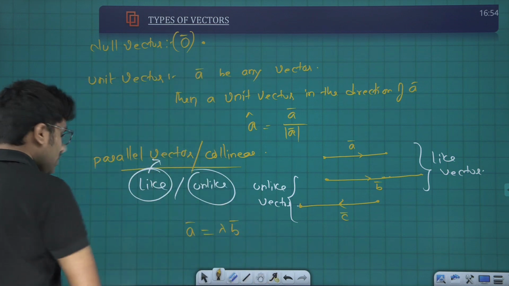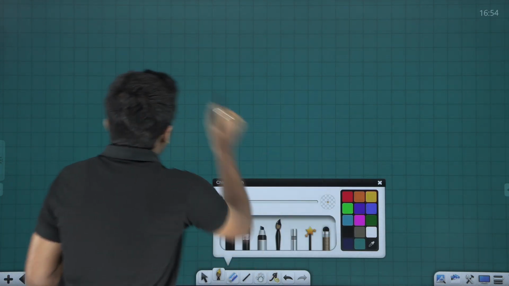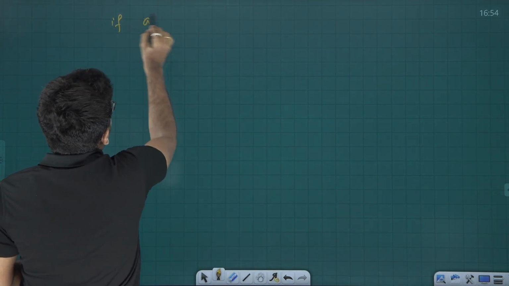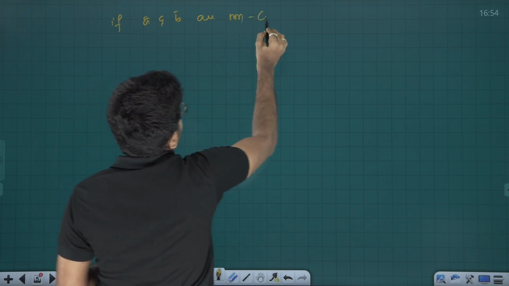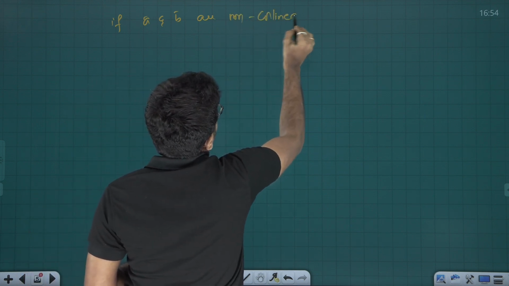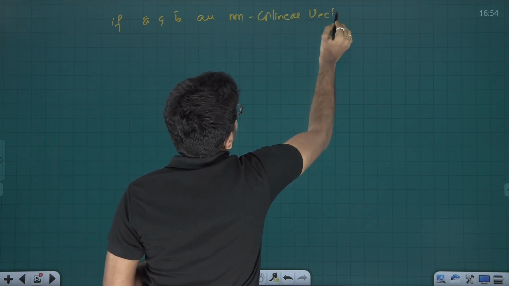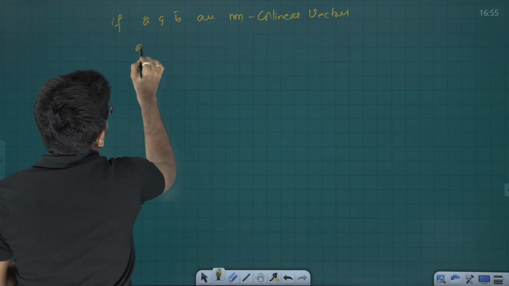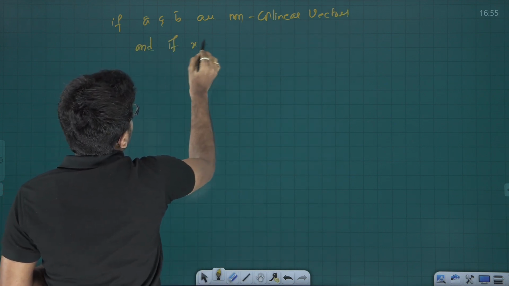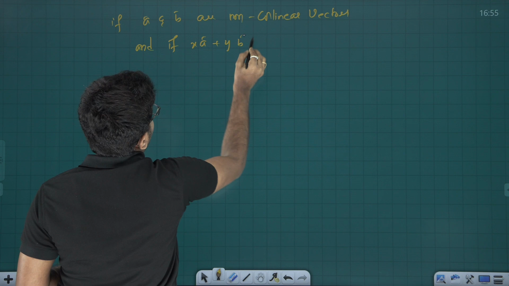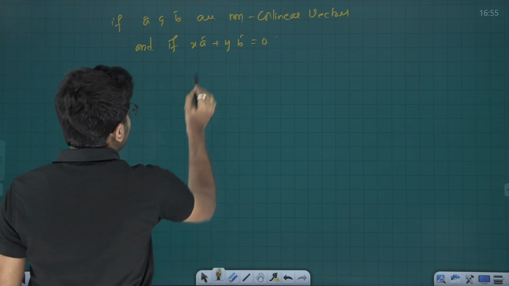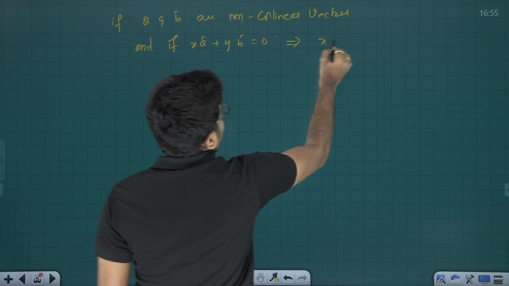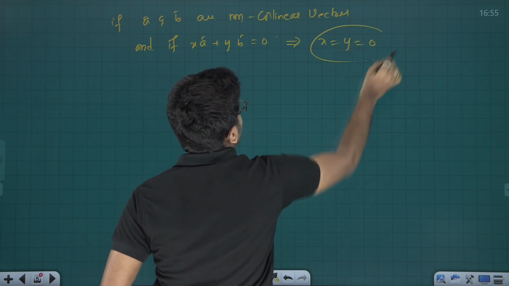Next, one more thing. If A bar and B bar are non-collinear vectors, and if x into A bar plus y into B bar is equal to 0, then it happens only in one case, which implies x is equal to y is equal to 0.